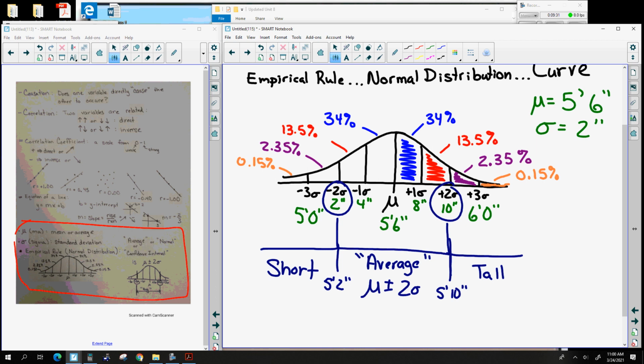And then Chuck comes along. Chuck is 5'1". 5'1" is short. So it quantifies what quote unquote average is. So 2 up to 2 down.